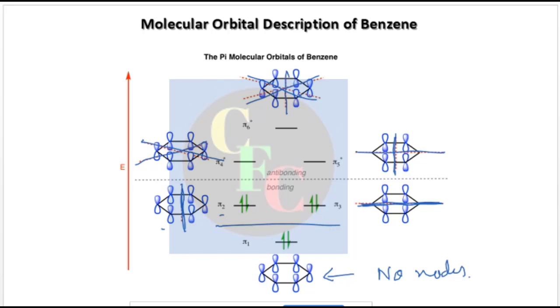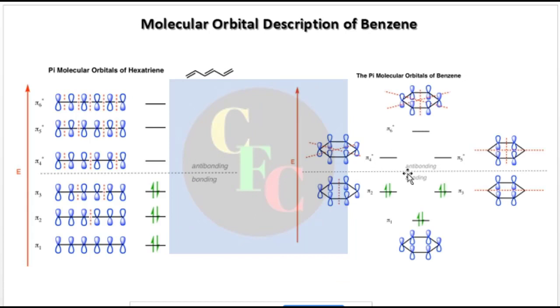Now this is the reason why benzene is more stable than its open chain analog, the hexatriene. If you have this compound here, psi 3 is the HOMO, and this has higher energy than both psi 2 and psi 3 of benzene.